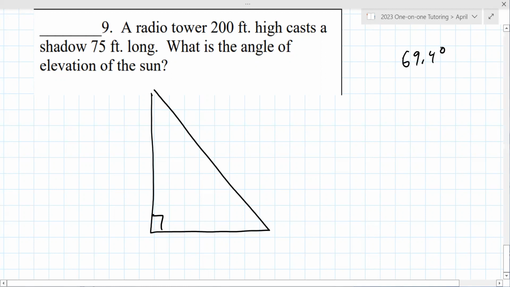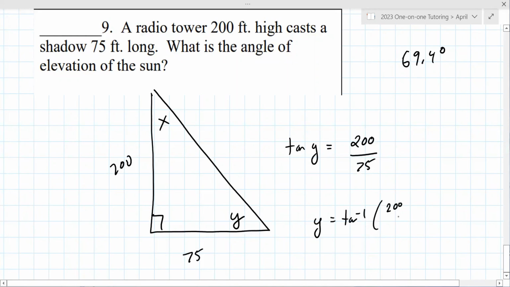So 200 feet high, 75 feet long. Are they asking you for X or Y in this problem? They are asking me for Y. So did you use sine, cosine, or tangent? I used tangent. Tangent of Y equals 200 over 75. Y is the tan inverse of 200 over 75.